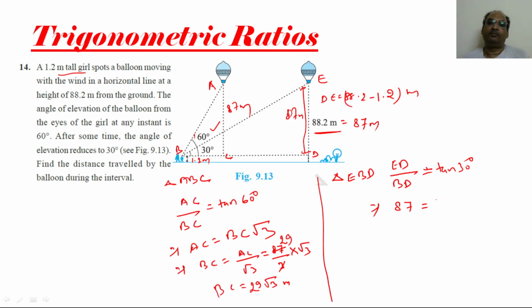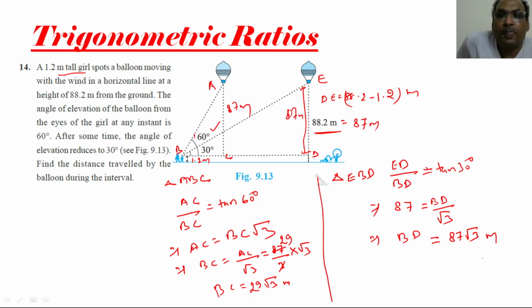So 87 is equal to BD, tan 30 degree is 1 by root 3. So BD is equal to 87 root 3 meter. BD total is equal to 87 root 3 meter.